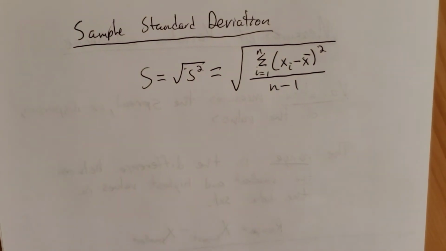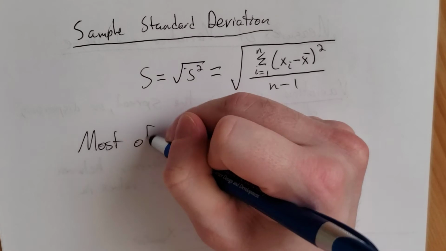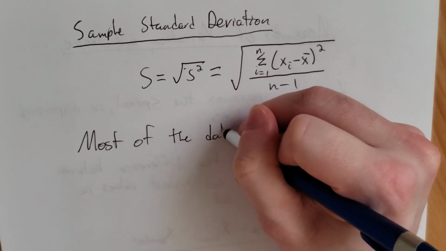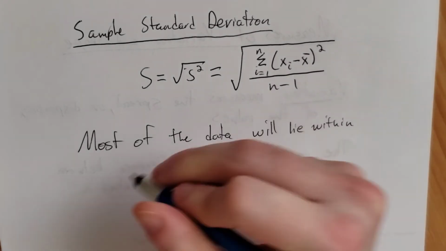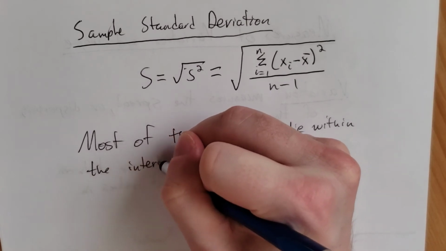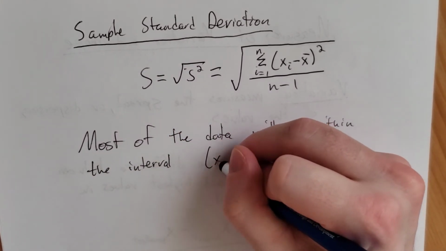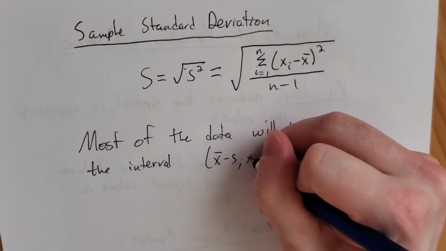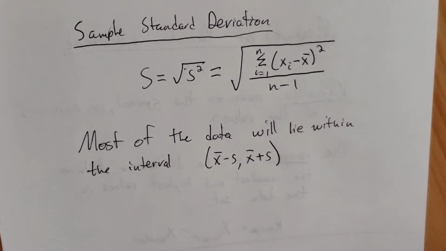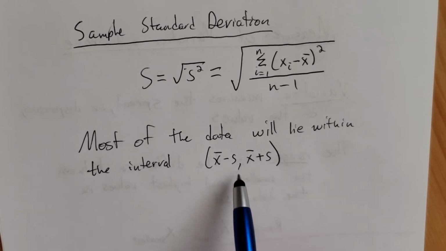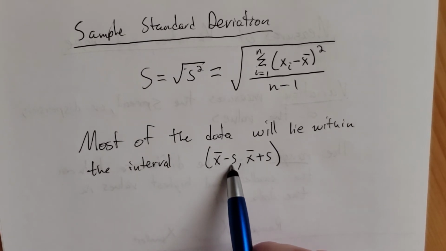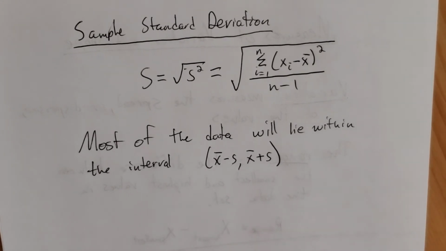And one thing I'd like to point out is that most of the data will lie within the interval x bar minus s to x bar plus s. So essentially we find an interval where the midpoint is our mean, and we look at the interval from the mean minus the standard deviation to the mean plus the standard deviation, and most of the data lies in that interval.